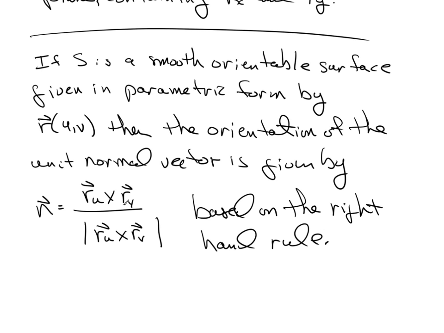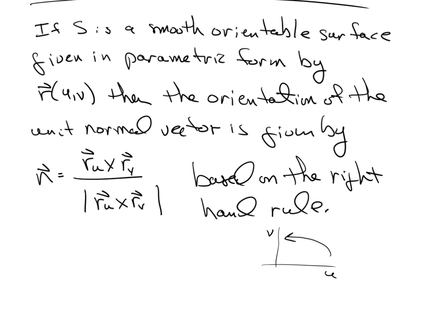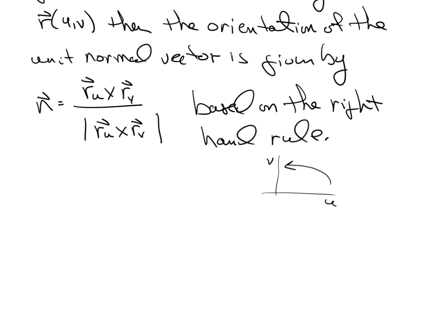So u cross v, thinking in terms of u and v, the right-hand rule will let your fingers go this way, your thumb's pointing up. That's going to give me the direction of this unit normal vector. Actually, if we decided that we needed to go the other way, because whatever we're working with needed a direction opposite of that, we can simply take the negative of u cross v.